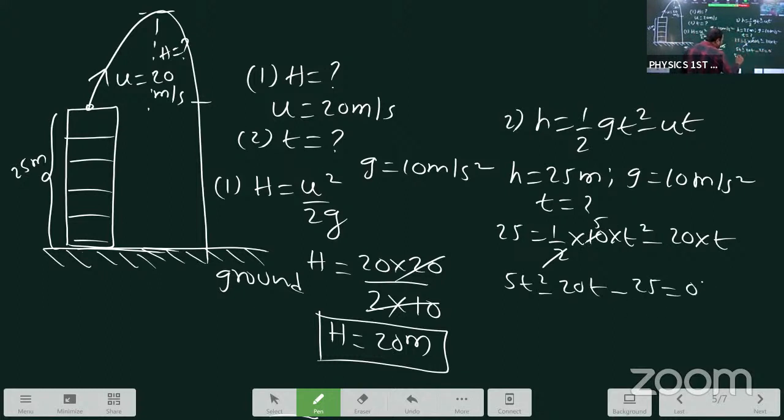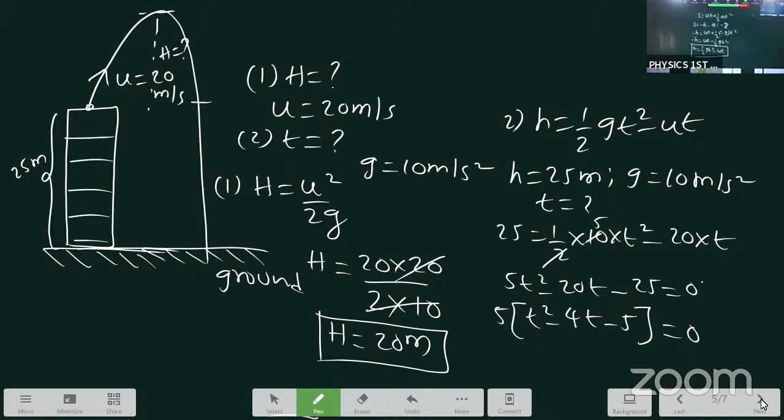So take 5 common: T square minus 4T minus 5 equals 0. This 5 coming to the right side is obviously 0.